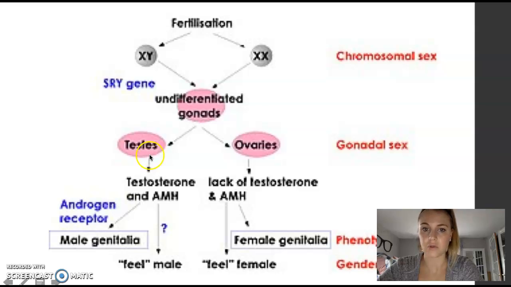If not, they'll form into ovaries by default. And then as the testes produce testosterone and anti-Müllerian hormone, the Müllerian ducts will degenerate and the Wolffian ducts will develop into male structures. And then on the female side, due to a lack of testosterone and anti-Müllerian hormone, female structures will form along the Müllerian ducts.